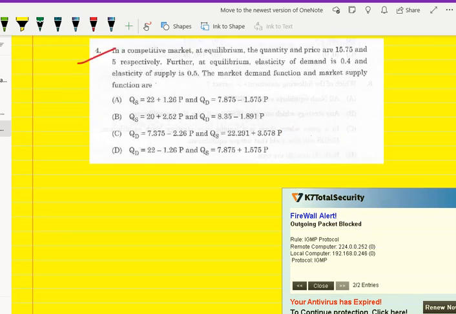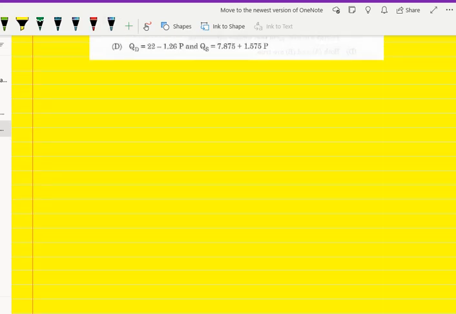Now the fourth question. In a competitive market at equilibrium, the quantity and price are given as 15.75 and 5 respectively. Further, at equilibrium the elasticity of demand is 0.4 and the elasticity of supply is 0.5. We have to find the market demand function and market supply function. Elasticity is del Q by del P into P by Q, right?